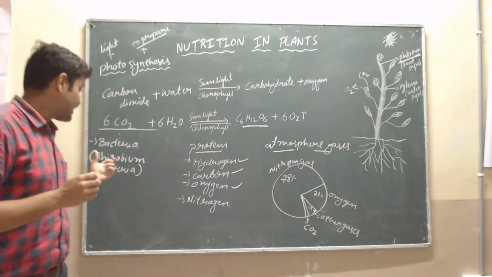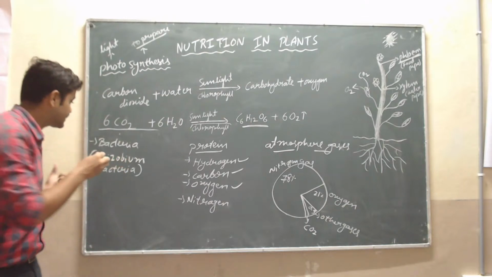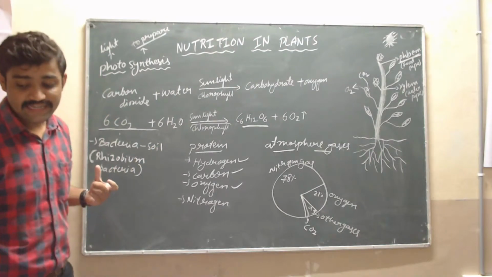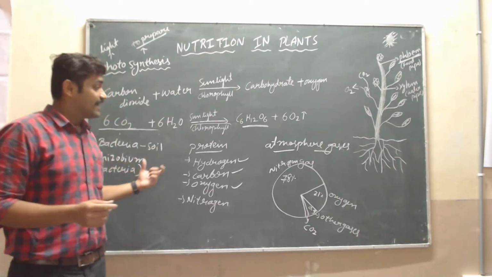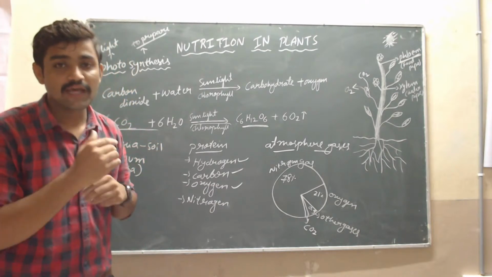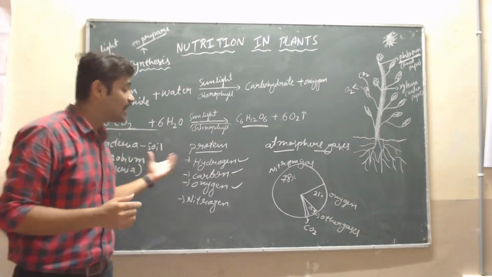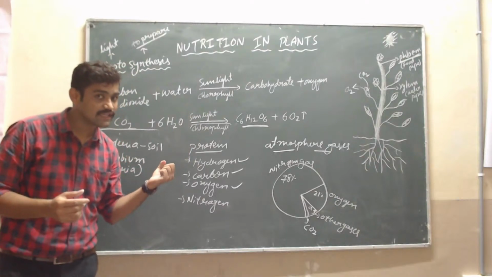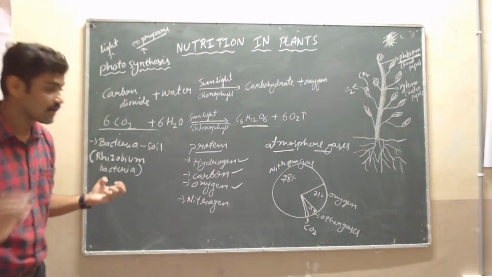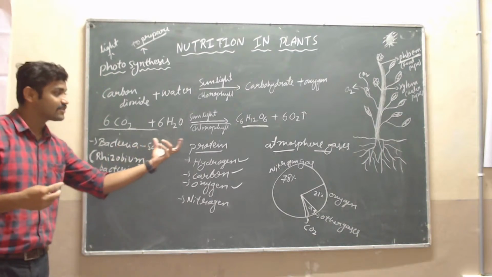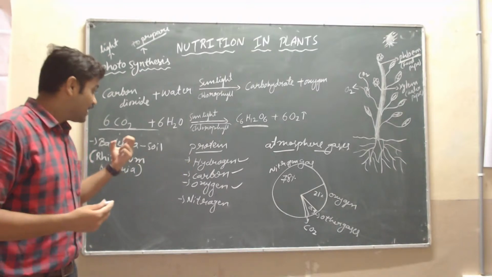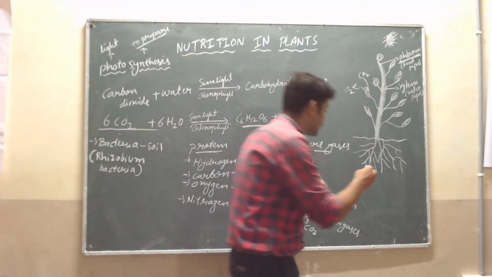The rhizobium bacteria is present in soil and converts nitrogen gas into usable nitrogen. That is absorbed with the help of soil.